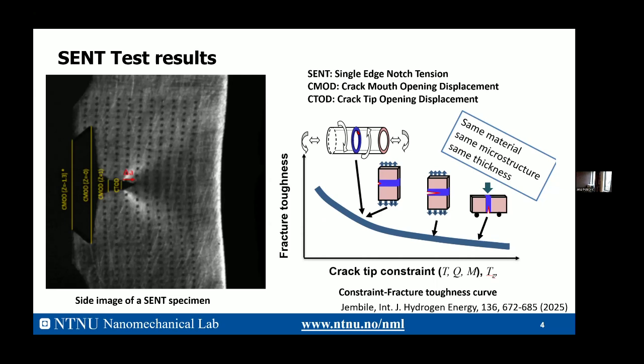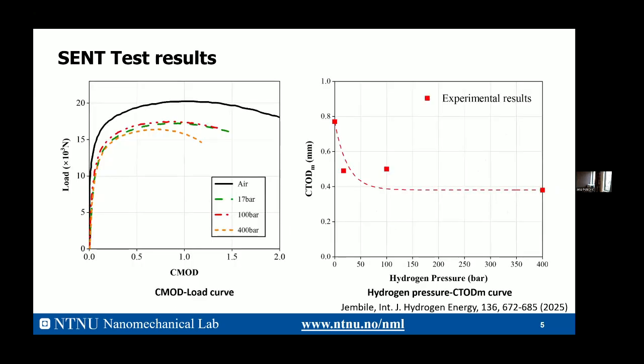This is very true for the thin specimen, because the thin specimen can represent the industry need. Here are the test results. Here is the CMOD and the load curve of the specimen with the increase of the hydrogen. With the increase of the gas hydrogen, you can see the lower loads of the specimen.